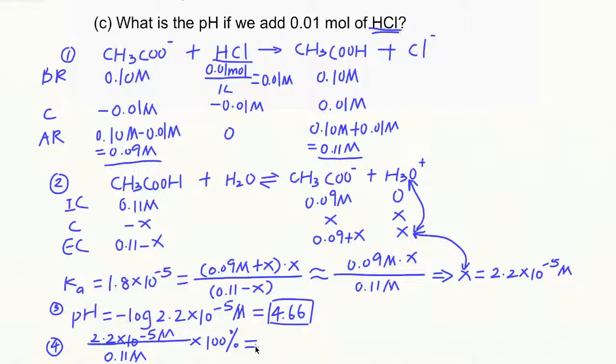My calculation is 0.02%, which is much less than 5%. So our assumption is good, and this is the right pH value for this buffer solution after it absorbs 0.01 mole of hydrochloric acid. I hope this video can show you how the buffer solution absorbs the strong acid. Let me know if you have any questions.